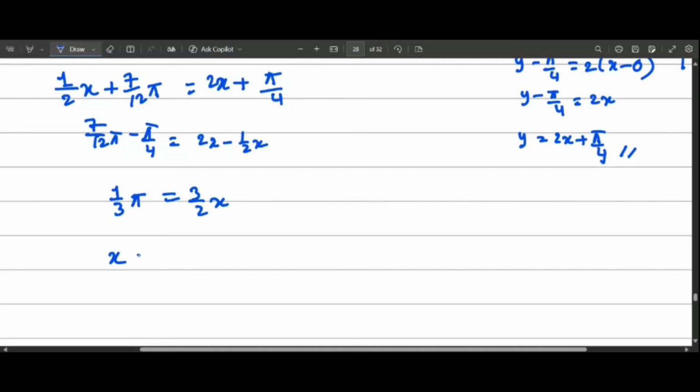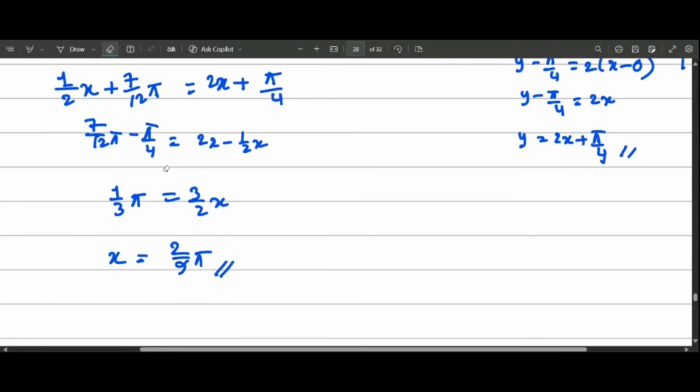So x is equal to 2 by 9 pi. This is the x coordinate of D, and this is our answer to part C.